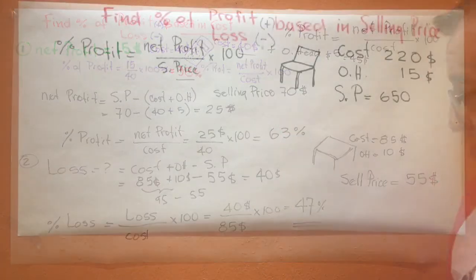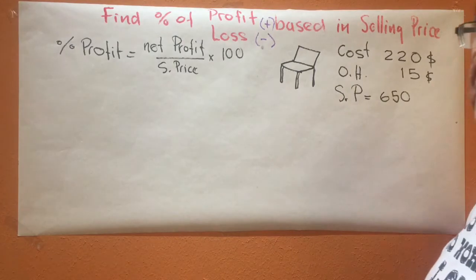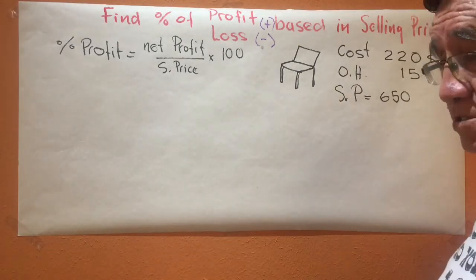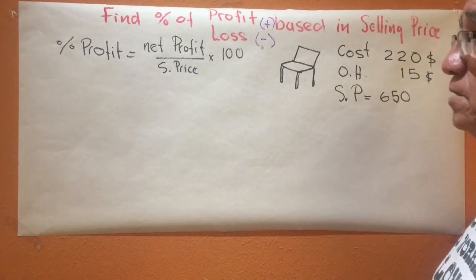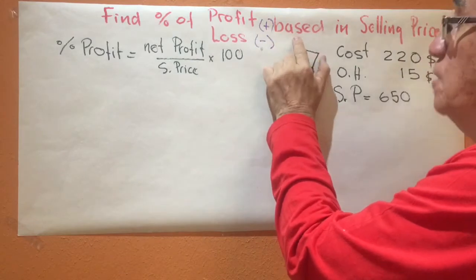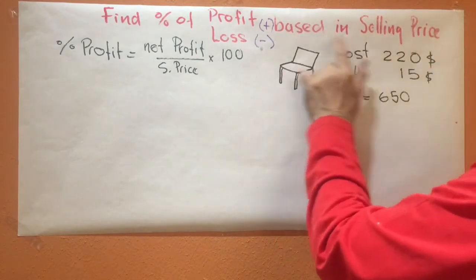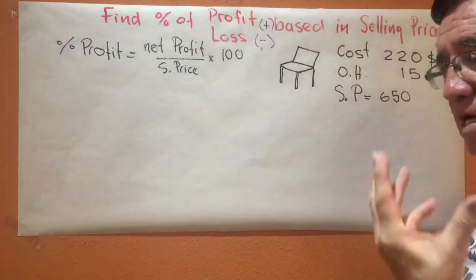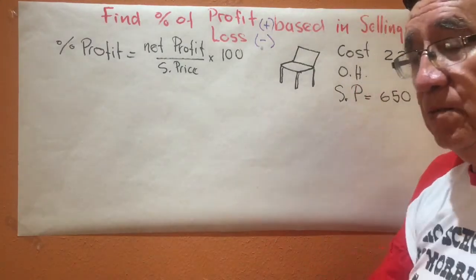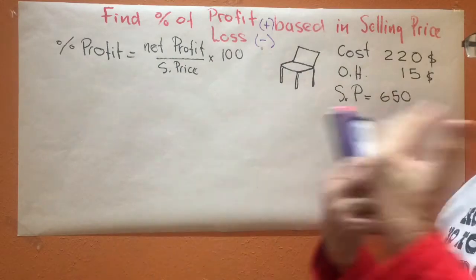All right, now, since we have calculated the profit and loss based on the cost, we also have to find the percentage of profit and loss, but now based on the selling price. Remember, there are 2 points of view. When you buy something, you pay. And when you sell something, you make money.